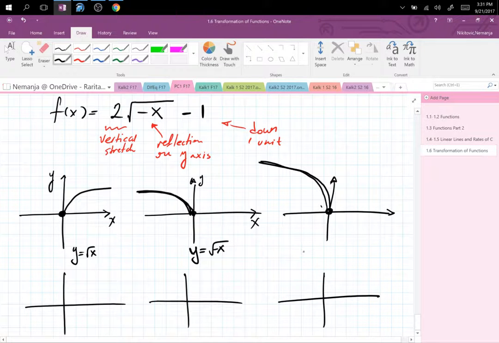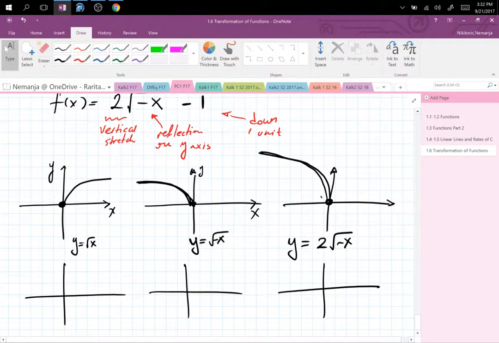So this over here is going to be y equals 2 square root of negative x. So it's a progression, right? We drew the default state, then we flip that default state on this graph. Now this is our new state, and then this line times 2, so each point's y value times 2 creates the new set of dots which connected are this picture.